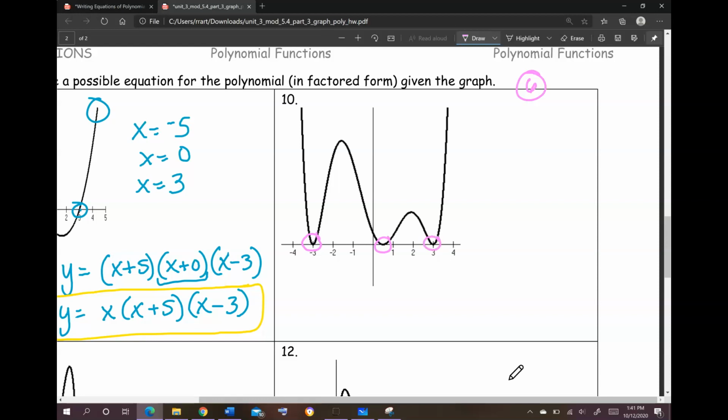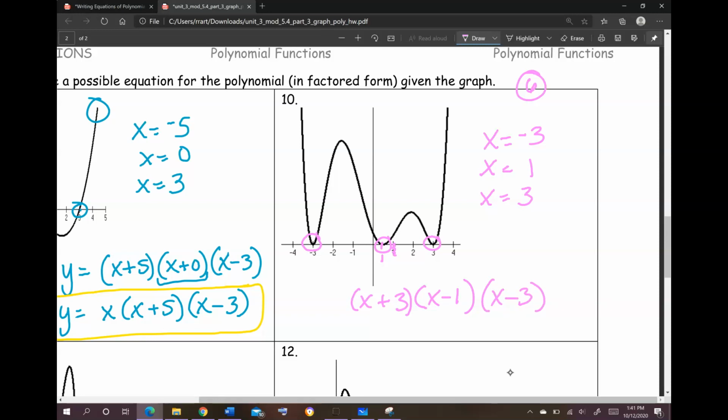All right, so we're just going to say that this is 1, because I don't think you're going to have to deal with any fractions on Delta Math, and I don't want to add that to this, okay, so just imagine that this crosses at 1, we're going to use our imagination, okay, so my roots are x equals -3, x equals 1, and x equals 3, okay, so let's write it in factored form, x plus 3, x minus 1, and then x minus 3. Now, these all touch, don't they?